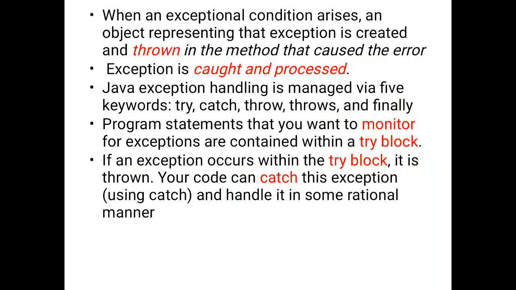Once that exception is thrown, it must be caught and processed. That indicates that you need to catch that exception and process it, otherwise your program will terminate in between.